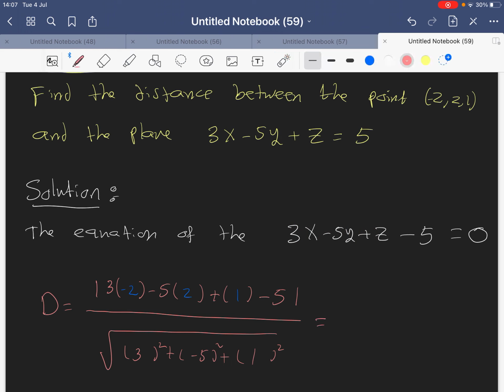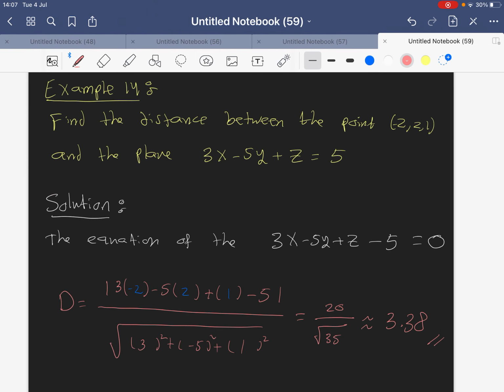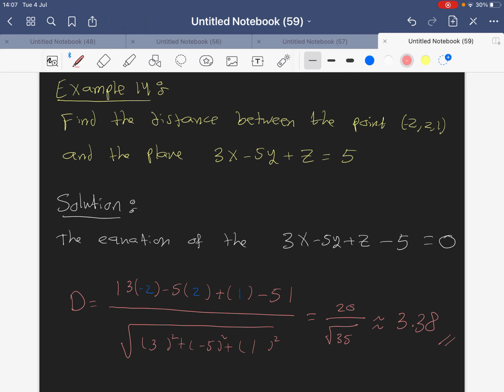Now, if you plug this into your calculator, you should get 20 over square root of 35, which is approximately 3.38. So the point is at a distance of 3.38 units from the plane that is given by this equation. That's the solution for example 14.